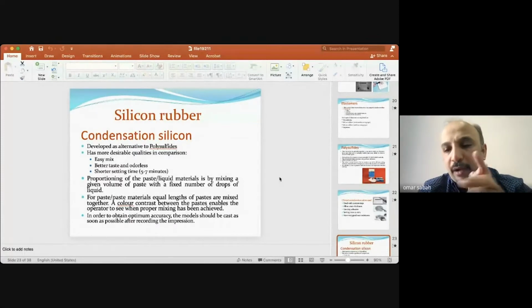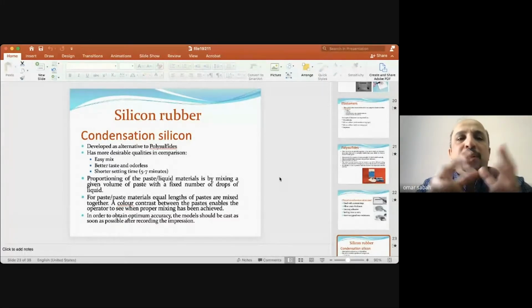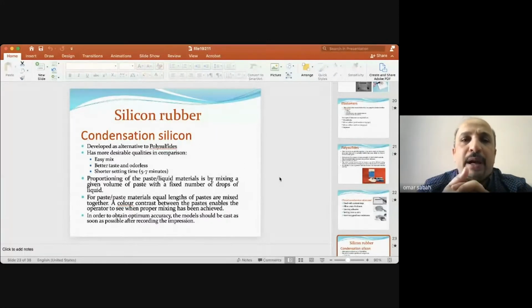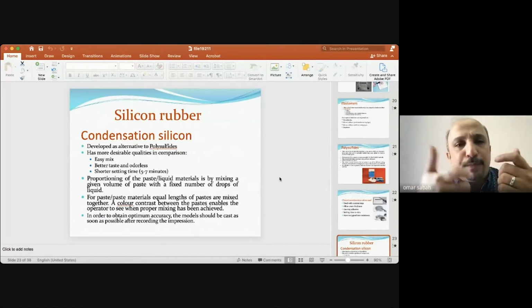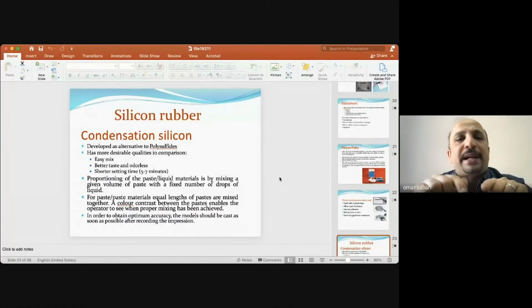Okay, inshallah. In the next picture I will show you how it comes, and most light body now comes with a gun. It is very easy to mix, not depending on your own mixing. Two tubes are mixed together and used with the gun, which has a mixing tip. When you push the material, the paste and catalyst go together, mixing together, and give you the final result without depending on how much catalyst or paste you put.